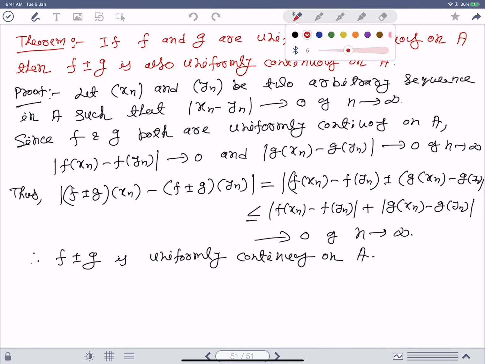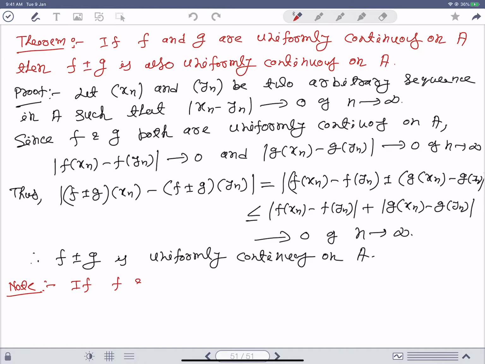Now note that if f and g both are uniformly continuous on A, then f into g may not be uniformly continuous on the domain A. So here I write as a note.